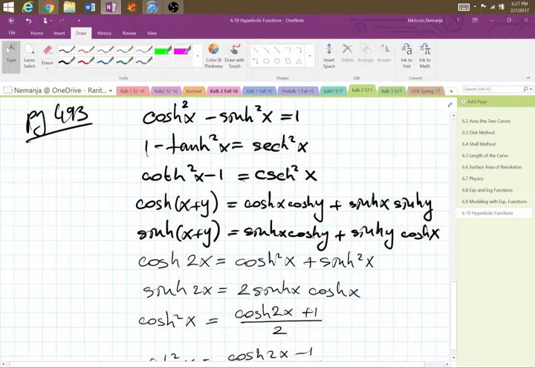Well, remember that your derivative on sine and cosine loops in 4. Sine, cosine, negative sine, negative cosine, right? Loop of 4. Why? Because of the i's. In the definition, I showed you that sine is defined through e to the ix minus e to the minus ix over 2i. Those i's actually bring this loop periodicity in terms of the derivatives.